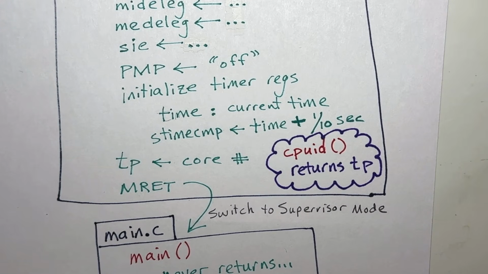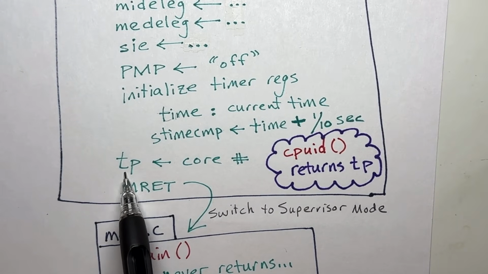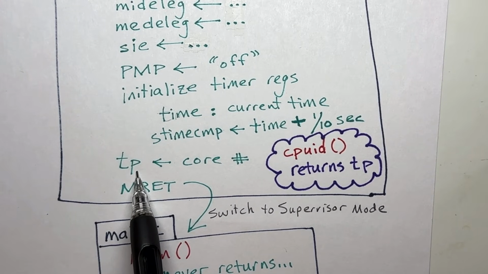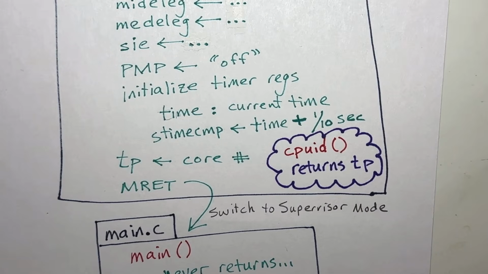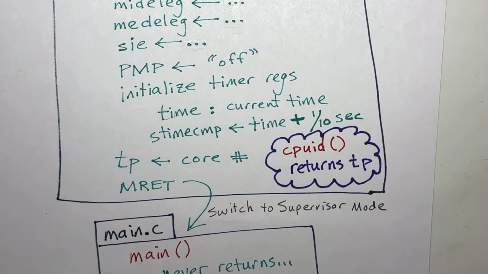The start code will also move the number of the core into the TP register, the thread pointer register. Since the kernel, which is running in supervisor mode, can't access the mhartid register, it'll need another way to learn what core it's running on.